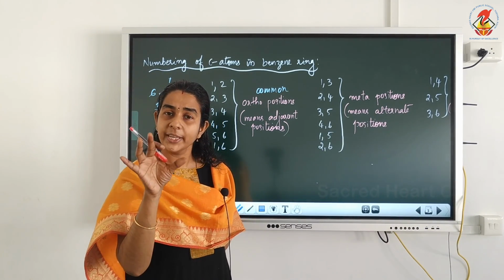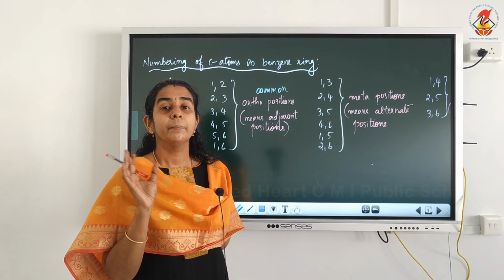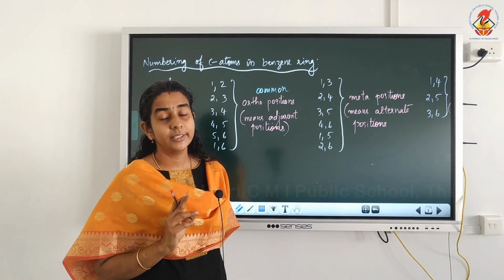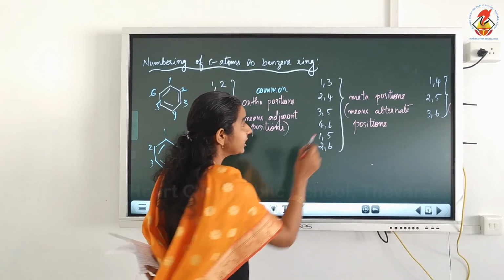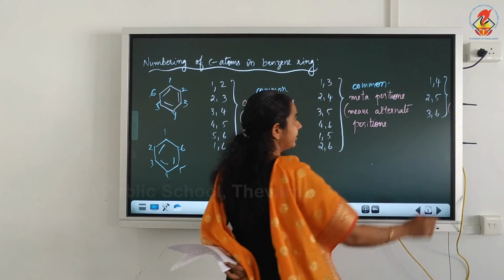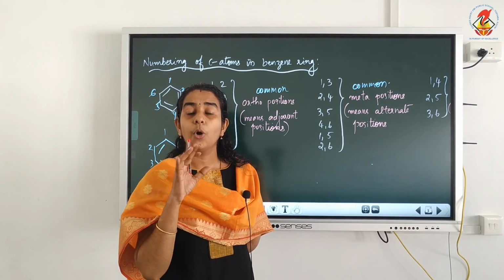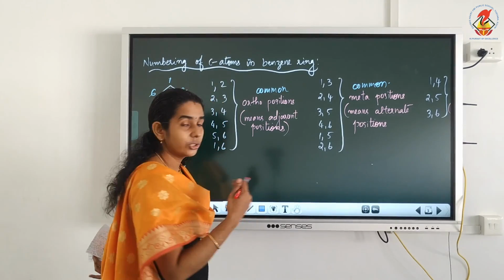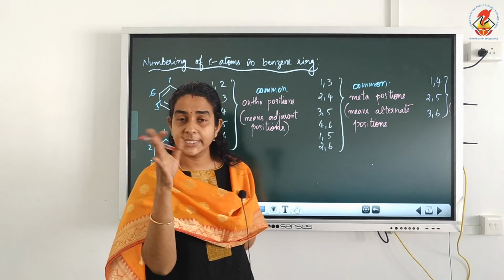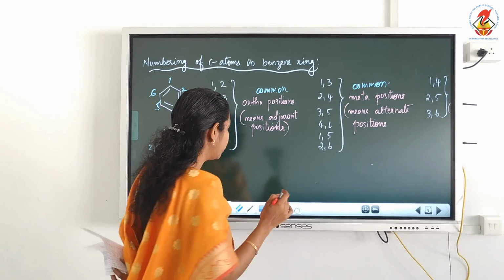Okay, so in IUPAC it is 1, 2, 3, 4 like numbering, but the alternate positions are called by the name meta positions in common system. So if you see meta, that is alternate positions. So the substituents will be present at alternate positions. If it is ortho, adjacent positions.